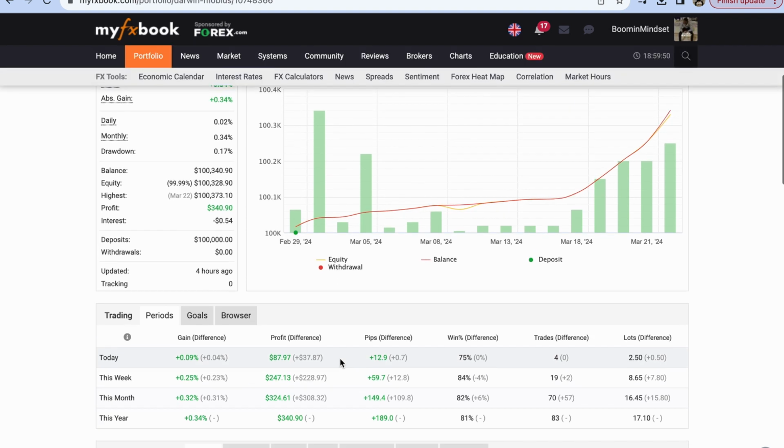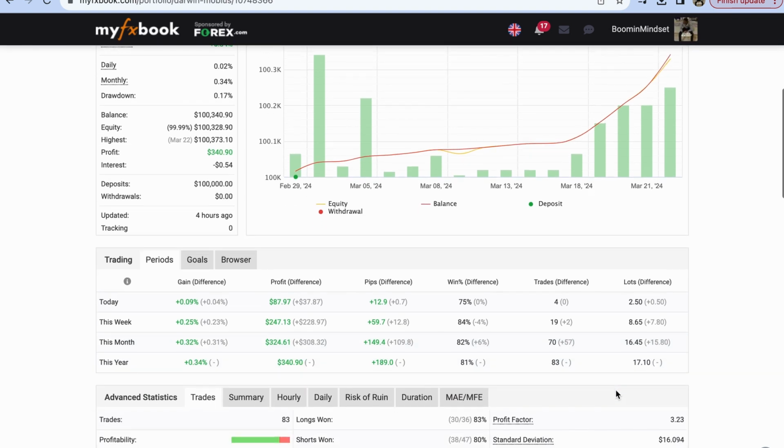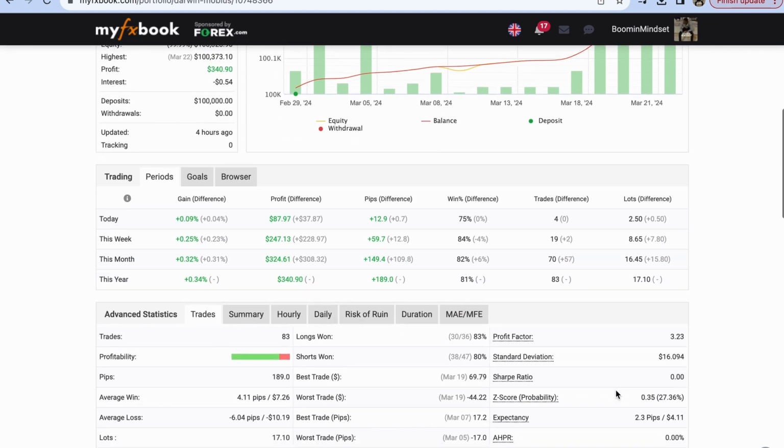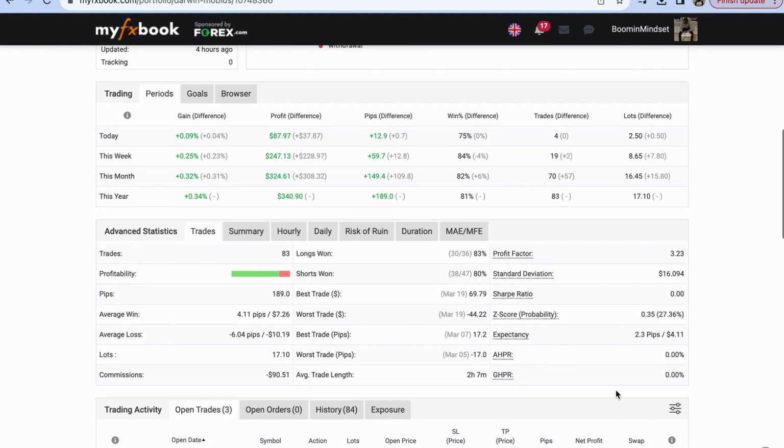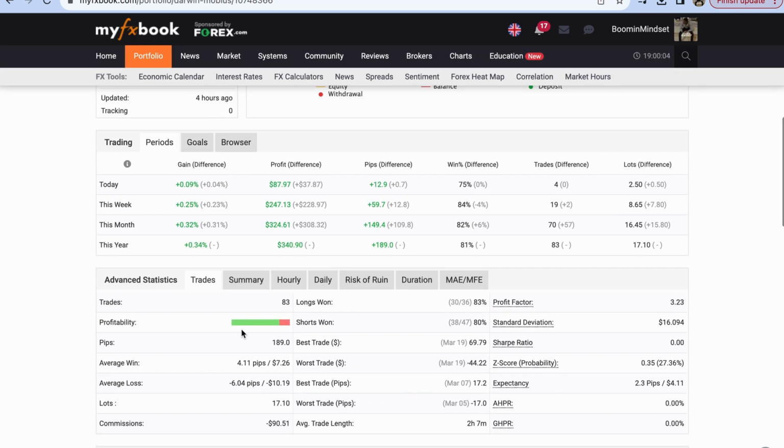So as we can see here, straight up. As we can look down here, trades 83, how many pips are caught, everything like that. So around 80% win rate, right?